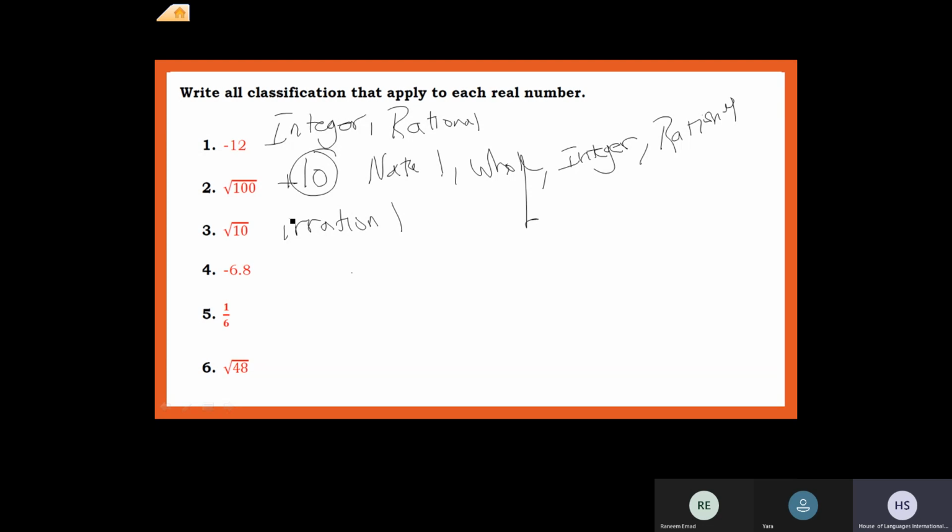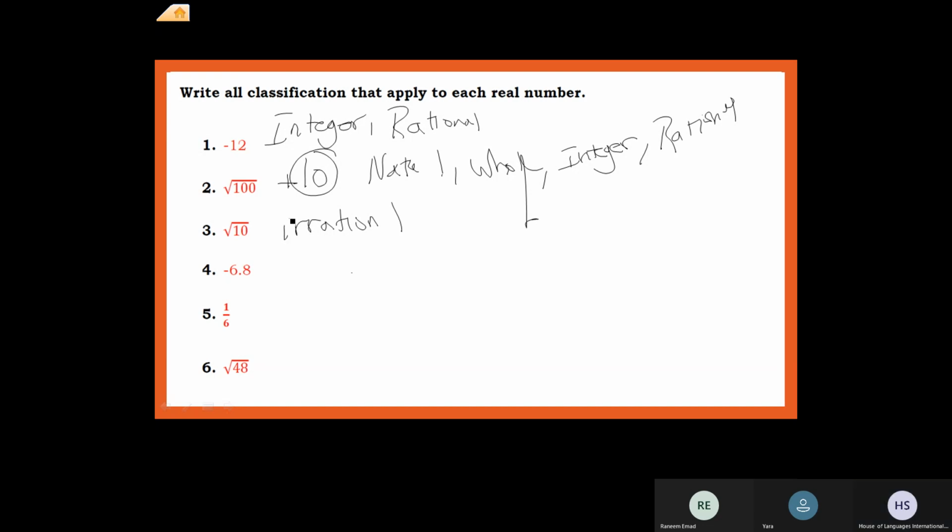Now, negative 6.8. Is it whole? Natural? Integer? Integer, no. Because I told you, integer must be numbers, not decimals. Look at this one. Is it terminated? Yes, it stopped.